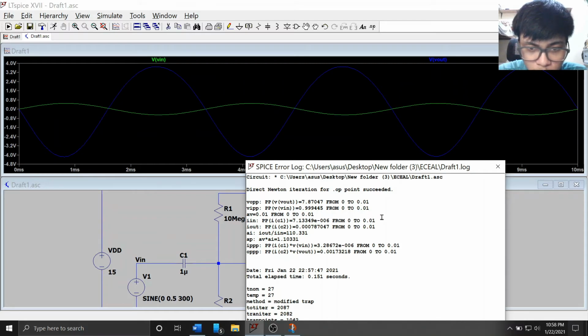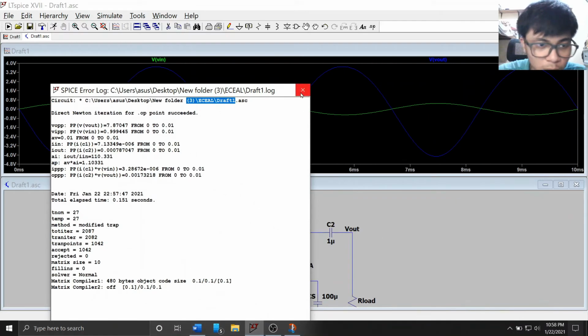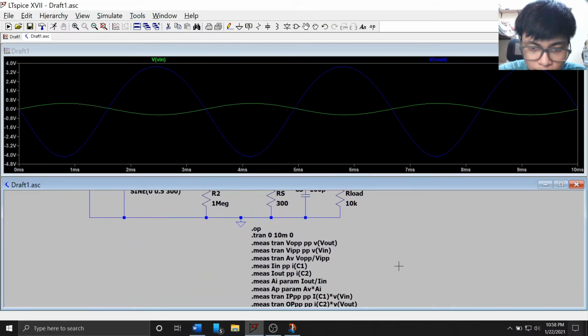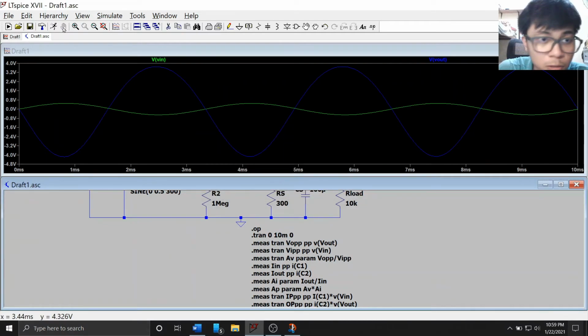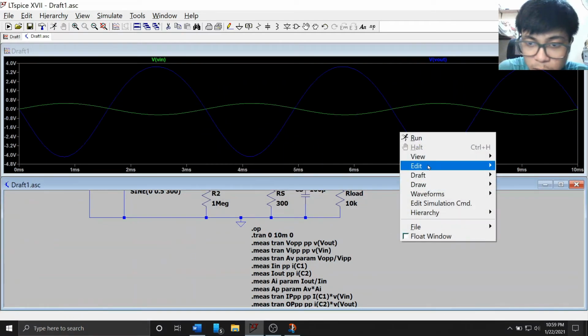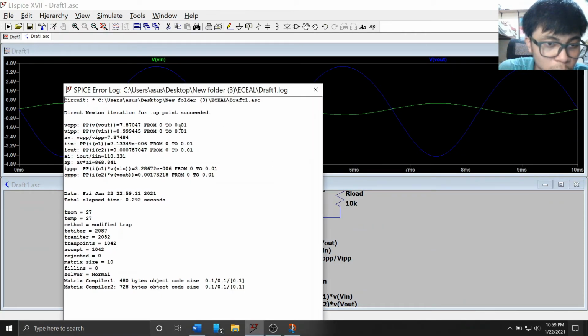So the voltage gain, we have here, let's run it here, and there we go.